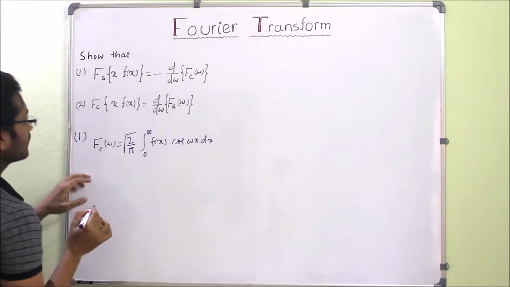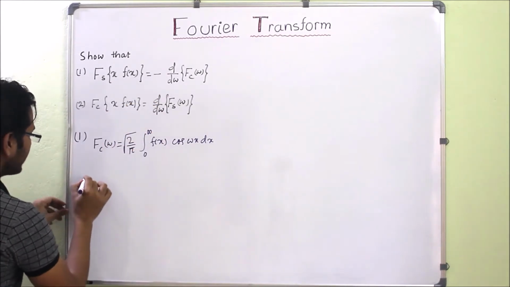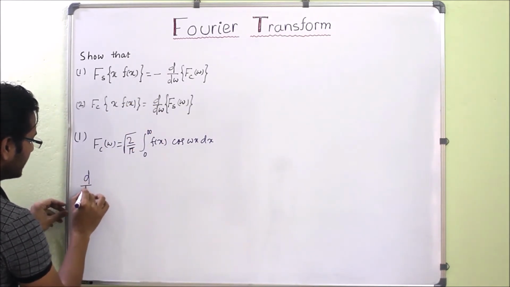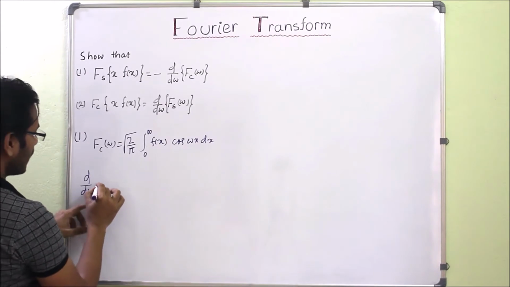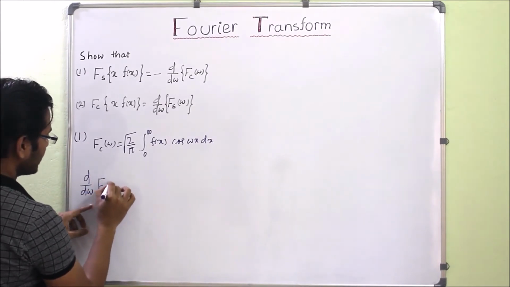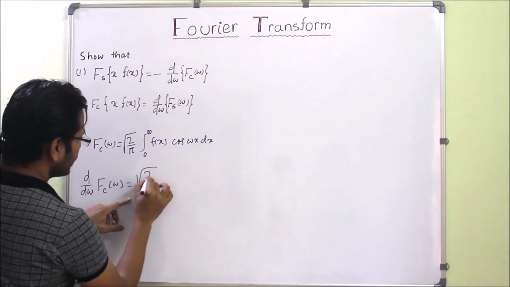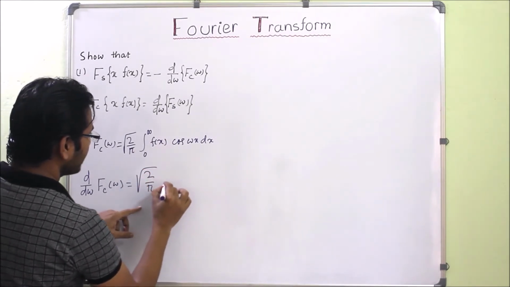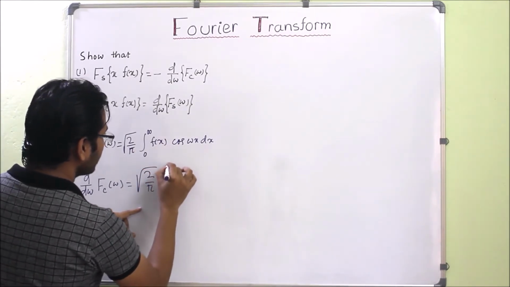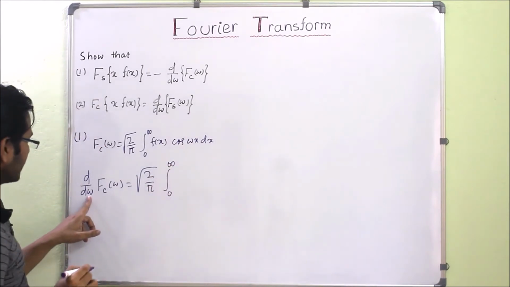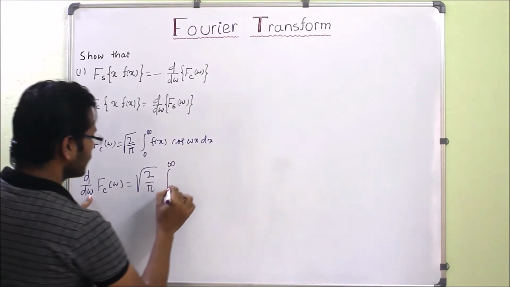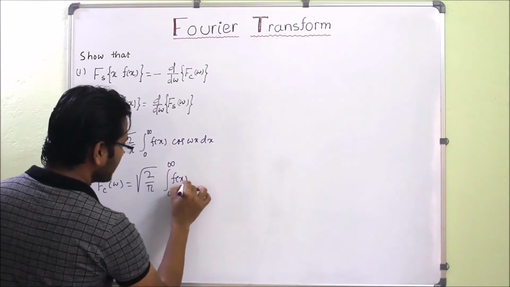But here we have d by dw. So if I take d by dw of Fc, then what will happen? It will be square root of 2 by pi integration from 0 to infinity, and as we are differentiating with respect to w, f of x remains the same.